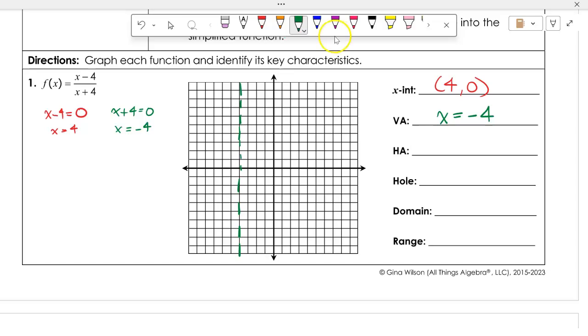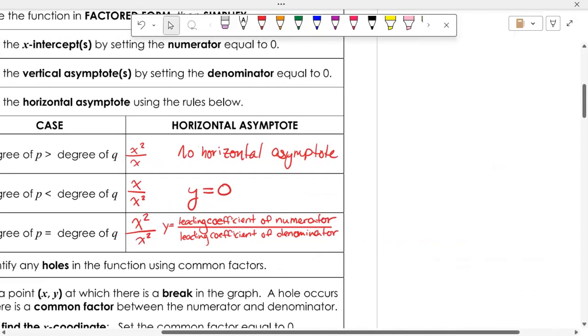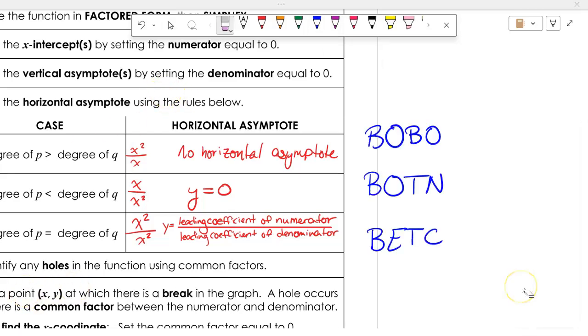Horizontal asymptote. Now remember what I was talking about up top about the degrees. Let me also mention at this point the mnemonic that I mentioned in class: BOBO, BOTN, BEDA.